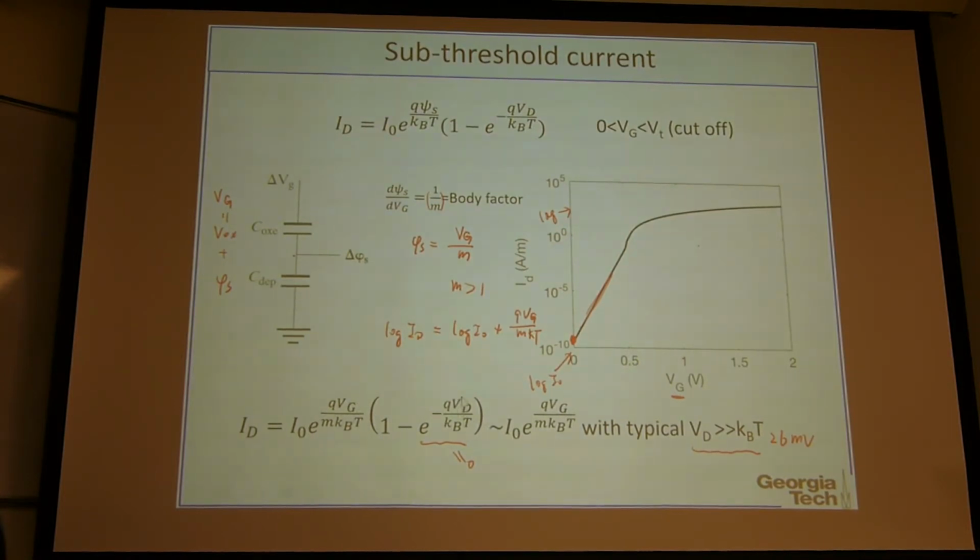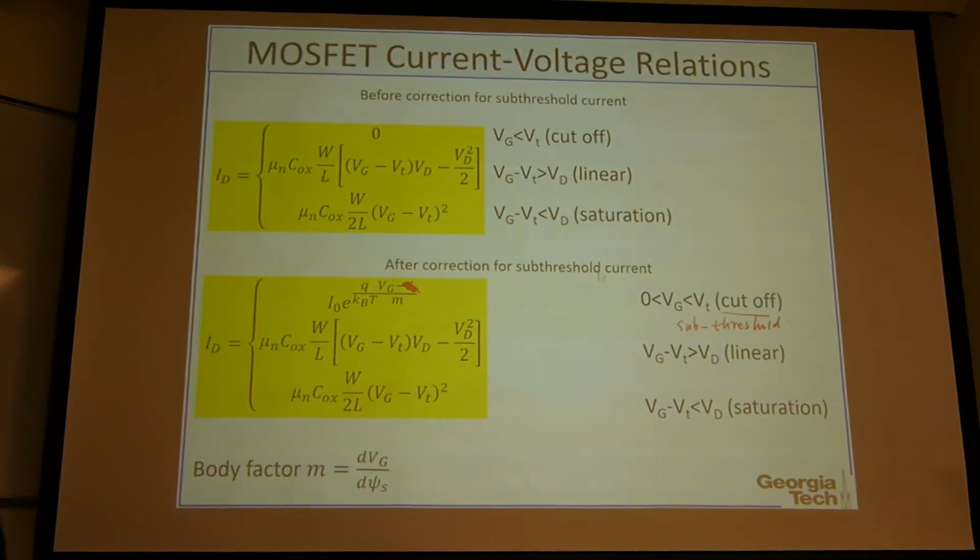It also depends on the drain voltage here, but typically this term is very small when VD is large, so you can ignore it, and eventually you only have this one. So this tells you the drain current exponentially depends on the gate voltage. If you draw it, this will be a straight line in this log scale plot. So any questions here?